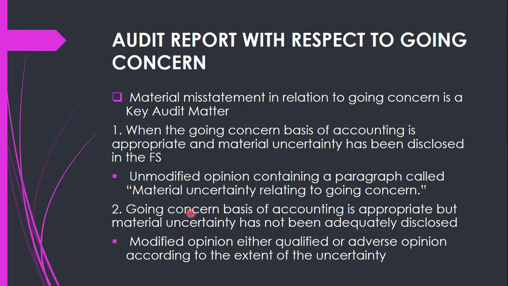Then two, if the going concern basis of accounting is appropriate, but the material uncertainty has not been disclosed adequately. Or rather, due to the auditor's evidence obtained, the company can continue preparing its financial statements as a going concern, but there's material uncertainty, and that material uncertainty is not disclosed adequately, then the auditor needs to issue a modified opinion, right?